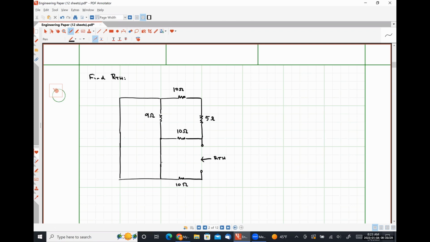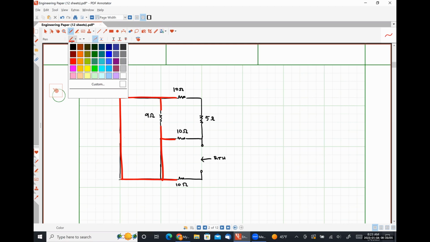Okay. So because I'm just trying to find an equivalent resistance, I'm going to use simple resistance combination techniques. So I'm going to identify my nodes. That my 9 ohm resistor is shorted out. So that's something useful.